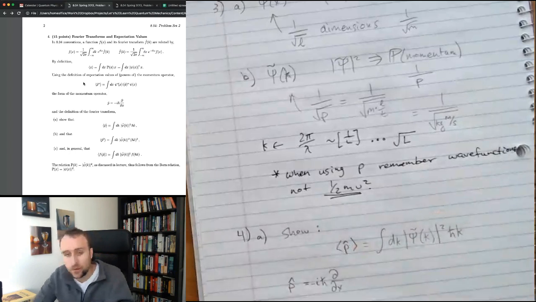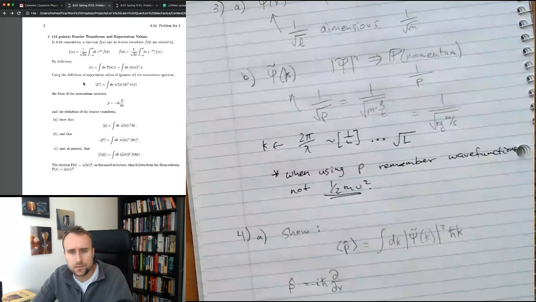This is the momentum operator. So show that the expectation value of this. Oh, so this is a given. Oh, okay. So we're not deriving that formula. This is a given. So we just have to use these formulas they've given us to get the other one.